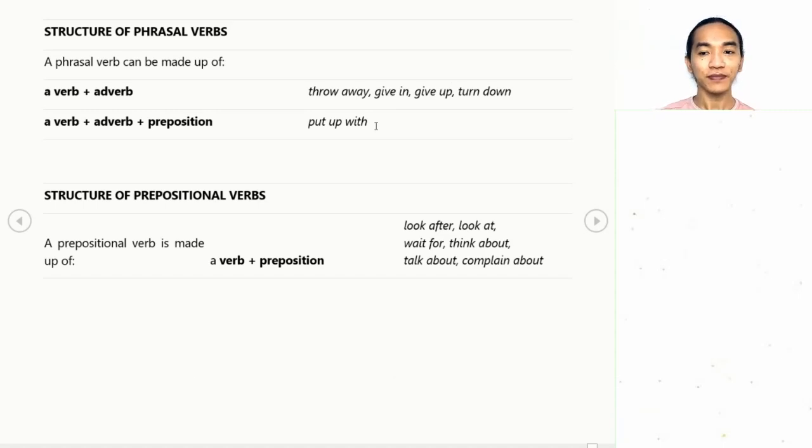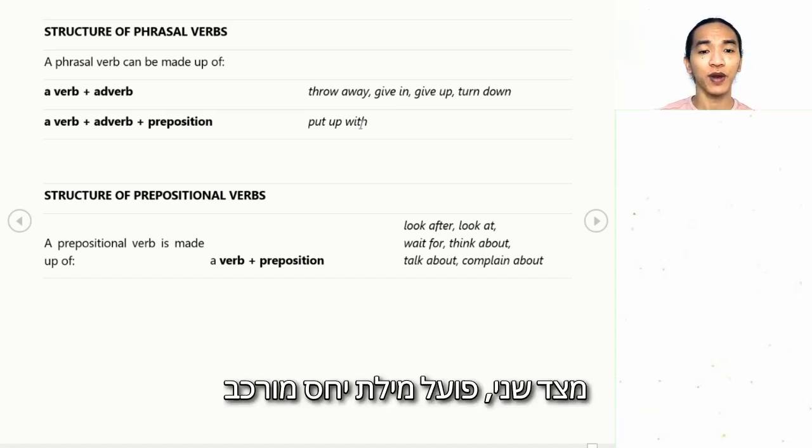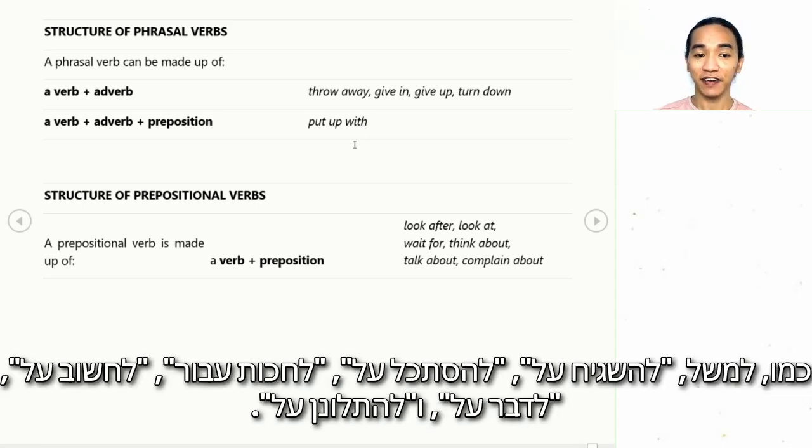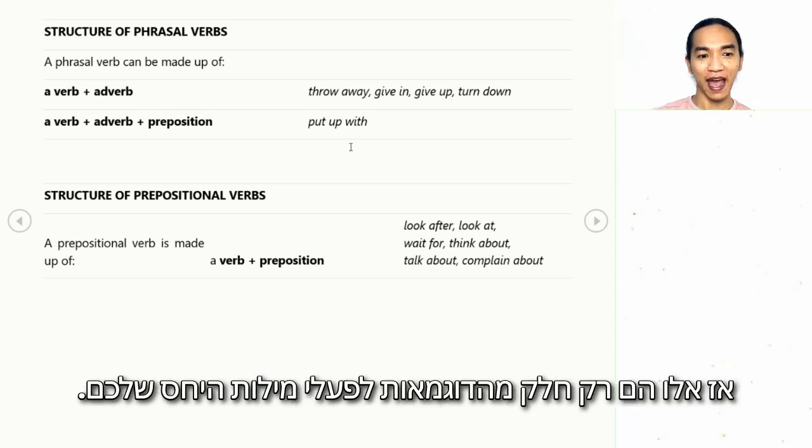On the other hand, a prepositional verb is made up of a verb and a preposition only. For example, look after, look at, wait for, think about, talk about, and complain about. So these are just some of the examples of your prepositional verbs.